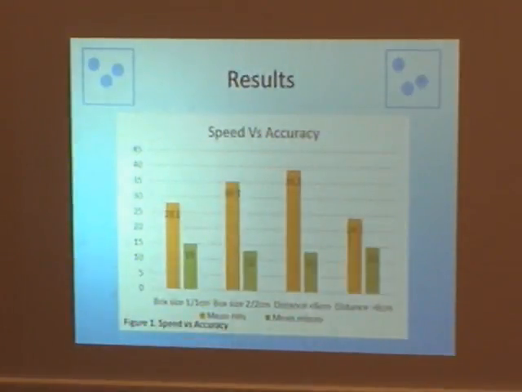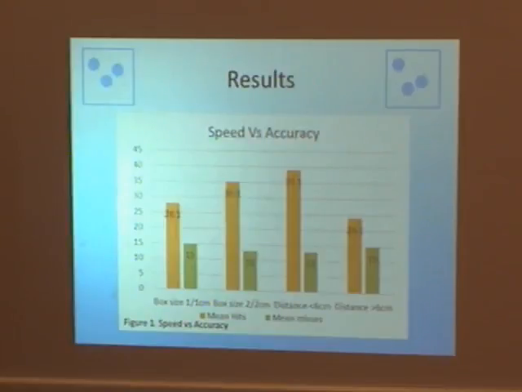So these are the results for our experiments. A cross tabulation was created displaying the mean speed and accuracy for each variable: box size 1 centimetre by 1 centimetre, 2 centimetres by 2, distance less than 6 centimetres and distance greater than 6 centimetres. From this, a bar graph was formed, see figure 1.